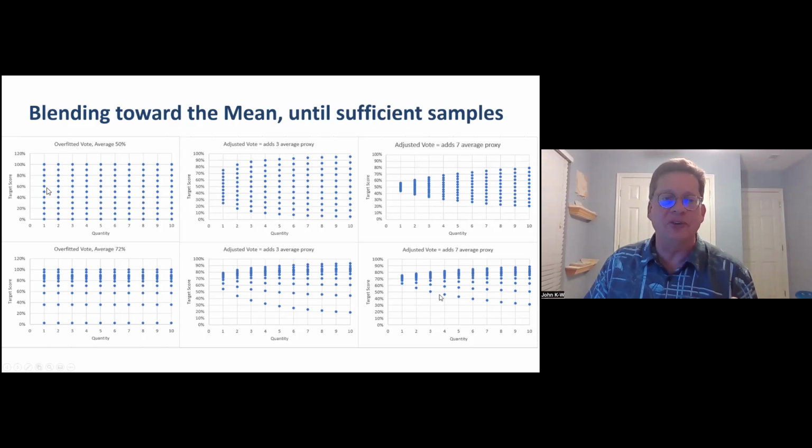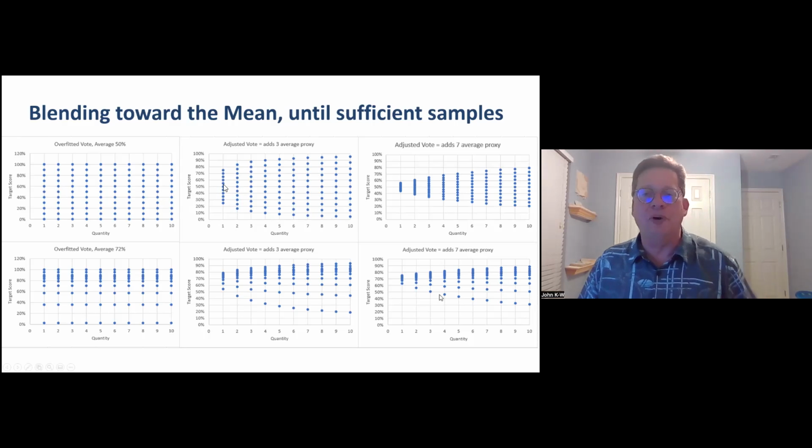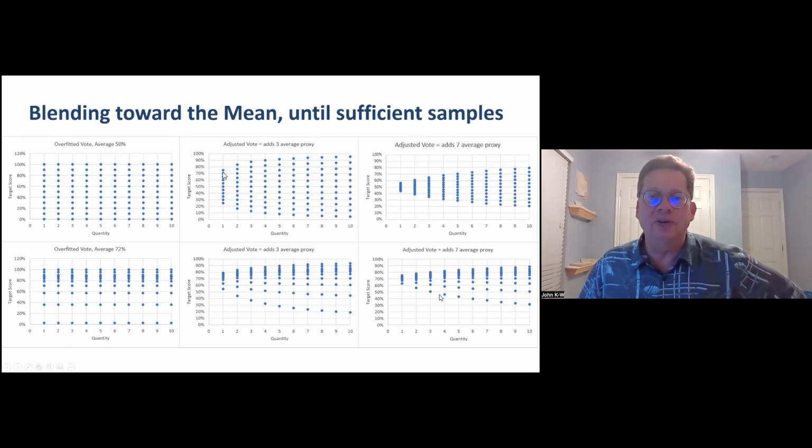So in this, it's a very simple calculation: all of these have a mean or average of 50%. So for each of these categories, where this category we had one record with 100% target score on it, if we add one vote, or I'm sorry, this instance is adding 3 votes with a target score of the mean, which is 50% here.